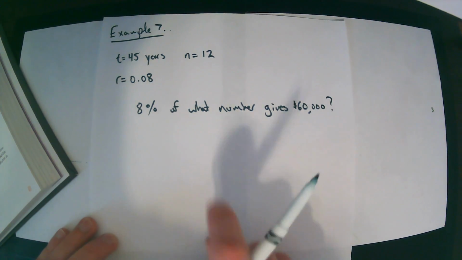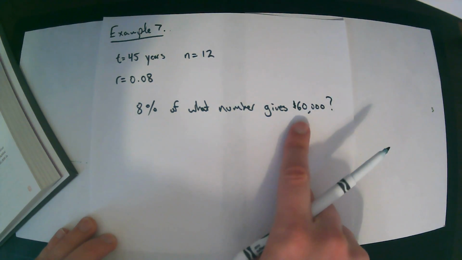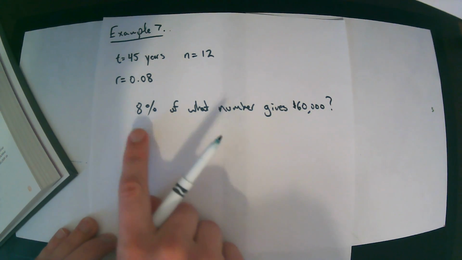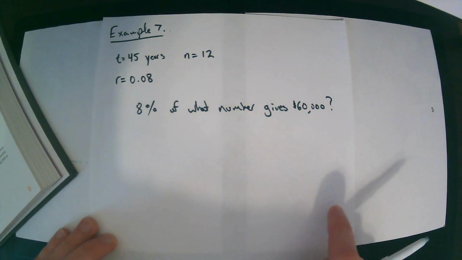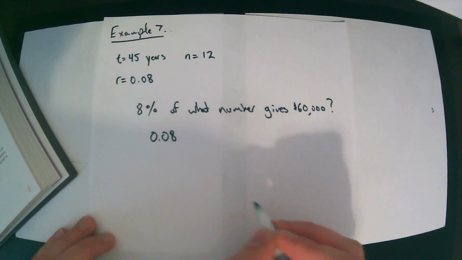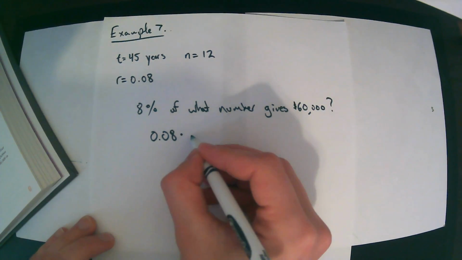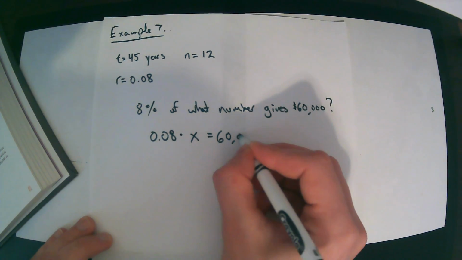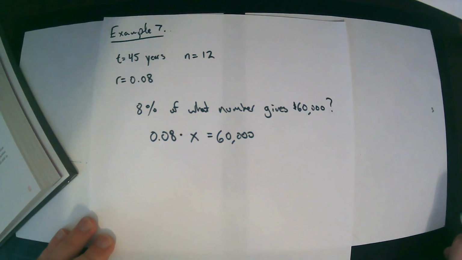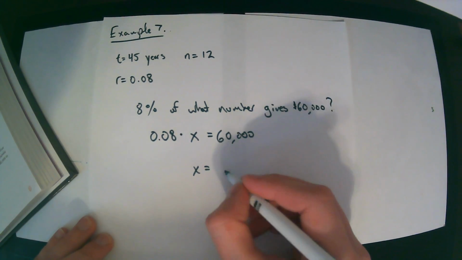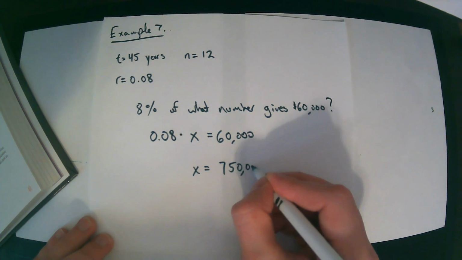This is going to give us the smallest number that will give us $60,000 in interest per year at an APR of 8%. So framed as a math equation, this is 0.08 times what number, x, gives $60,000. Divide by 0.08 on both sides, and we're going to get 750,000.